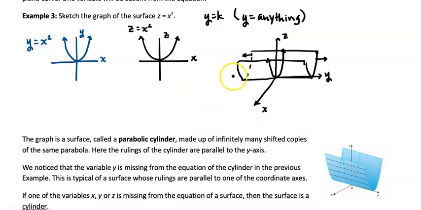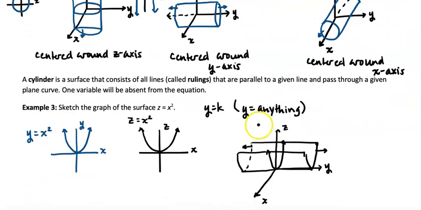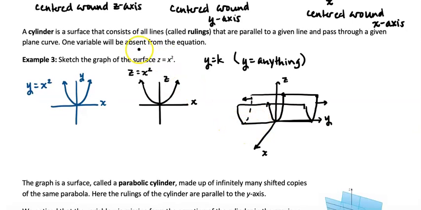Now typically, we've seen cylinders that look like this, and more specifically, these are called circular cylinders. Another way we can describe a cylinder in general is that it consists of all lines called rulings that are parallel to a given line and pass through a given curve. So in this case, that given plane curve is z is equal to x squared, and we can really construct this with a series of these parallel lines.